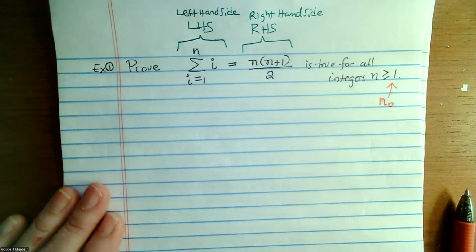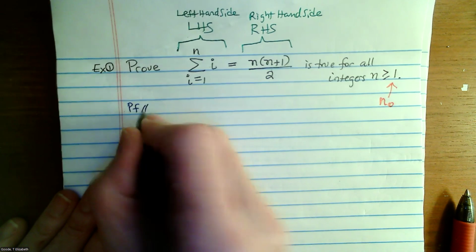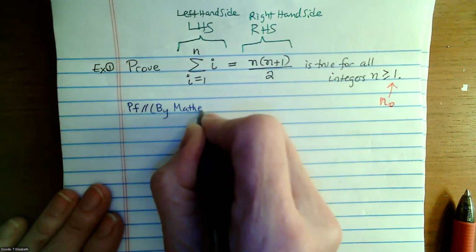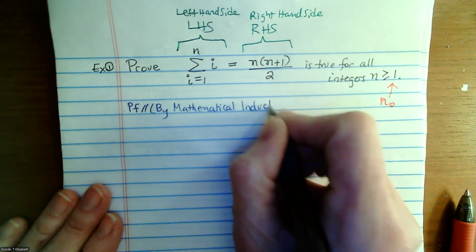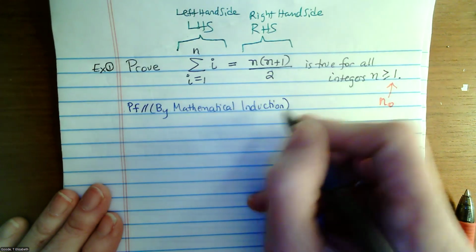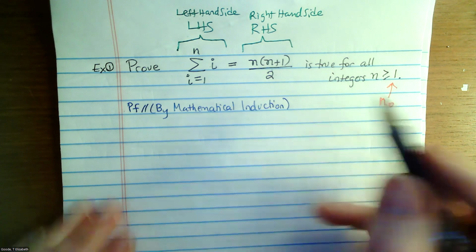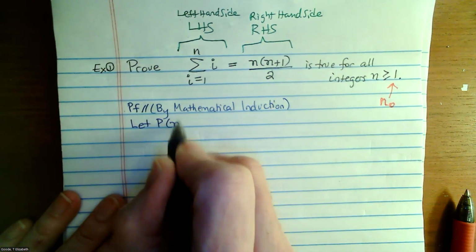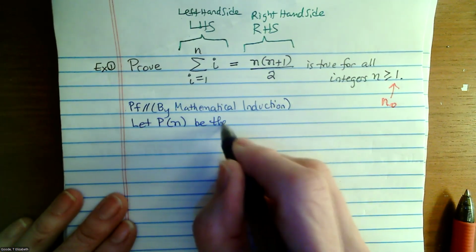All right. So let me show you how we correctly write this argument. The proof, by the way, in even the most high-level mathematical journals, if a mathematician is writing a proof by mathematical induction, they always tell the reader that. All right, so let's set it up. Let's tell the reader what we're doing. Let P of n be the statement.